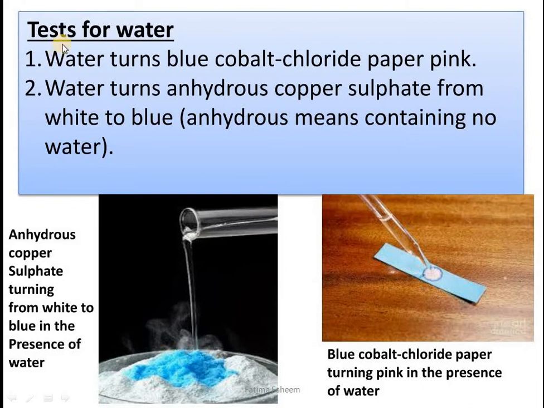I'm repeating again that this water test is mostly used when you have to see which side of the leaf is transpiring more. If you remember, I told you that the distribution of stomata is not equal, or not uniform throughout the leaf.